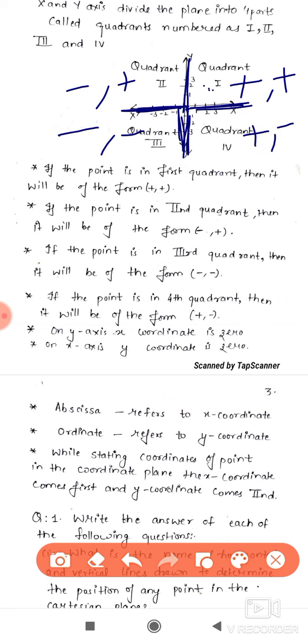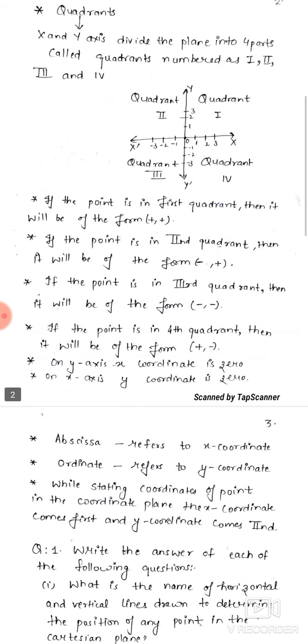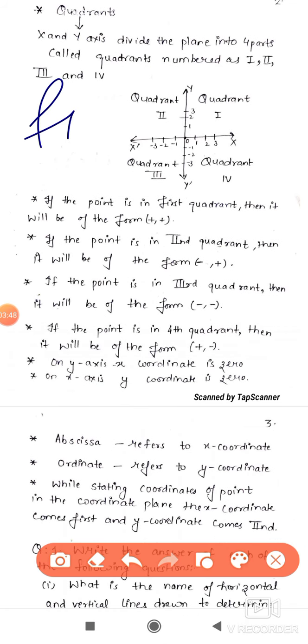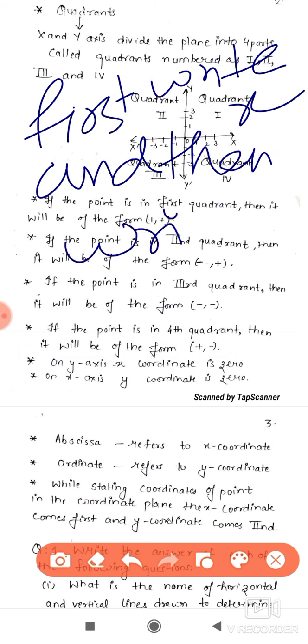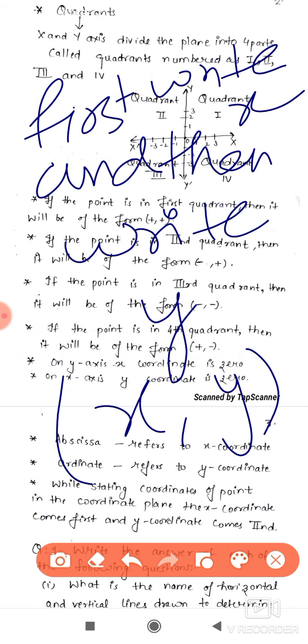See students, listen carefully. Whenever you want to write down the position of any point in any quadrant, first you write x, and then you write y. Means you have to write it like this: x comma y.